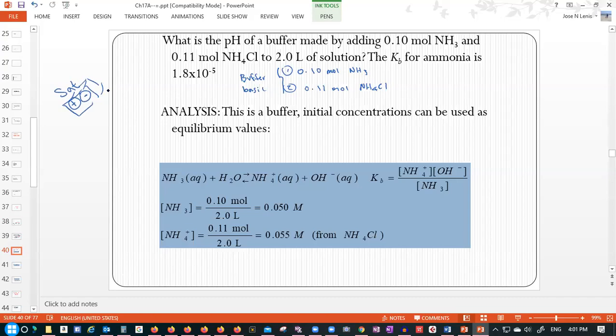It's a solid when you dissolve it in water. And we know the cation comes from a base and the anion comes from an acid.